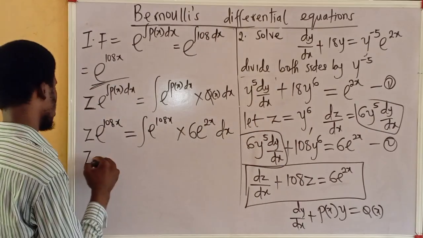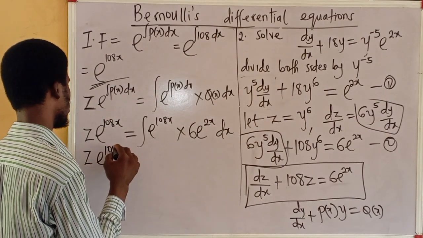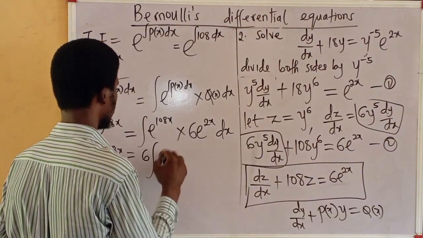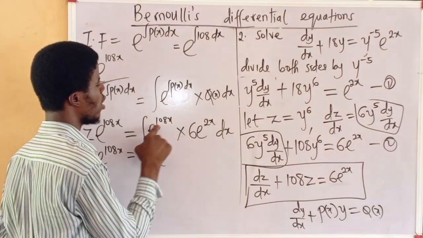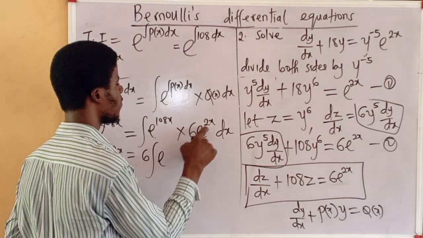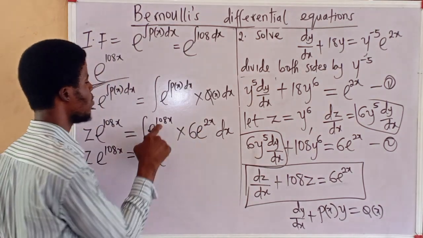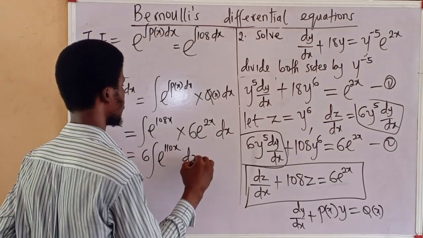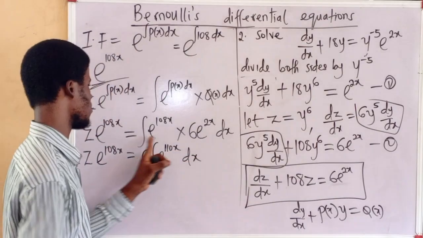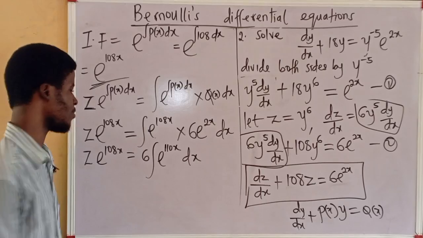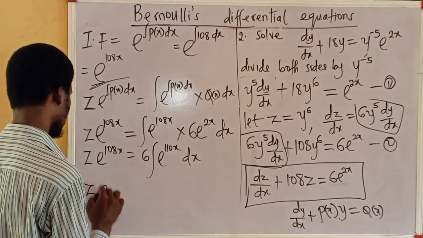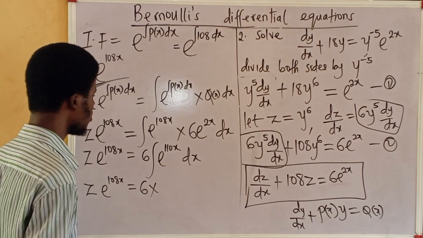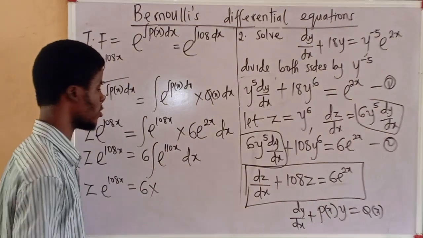So this is z e to the power of 108x equals, 6 can come out. This is e to the power of 108x times e to the power of 2x. If I add the powers, I'll have 110x, by the law of indices, since they have the same base. So z e to the power of 108x is equal to 6 times, what is the integral of this with respect to x?